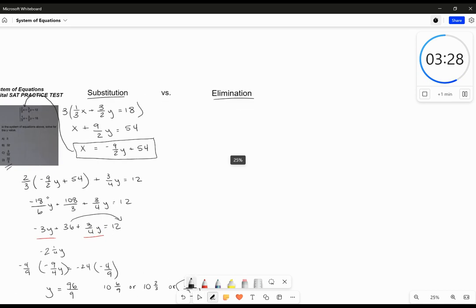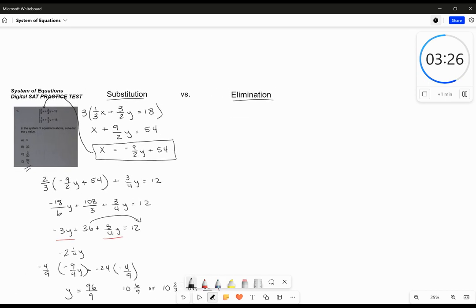So let's look at elimination. With elimination, so this was, we'll say 2 minutes, 30 seconds. What you want to do is to eliminate one of the variables, and you want to eliminate the variable that you're not going to solve for, or the easier variable to eliminate.